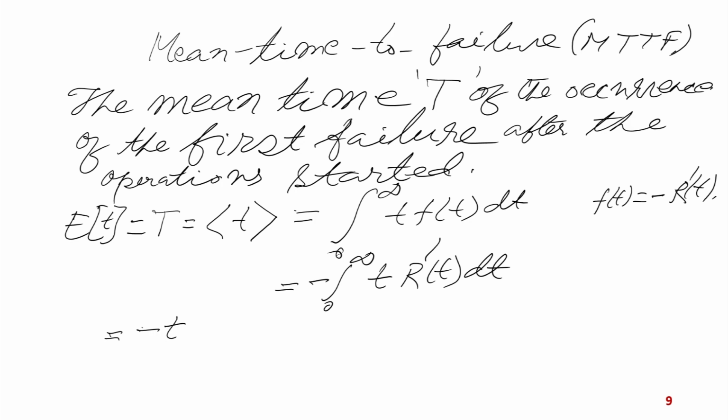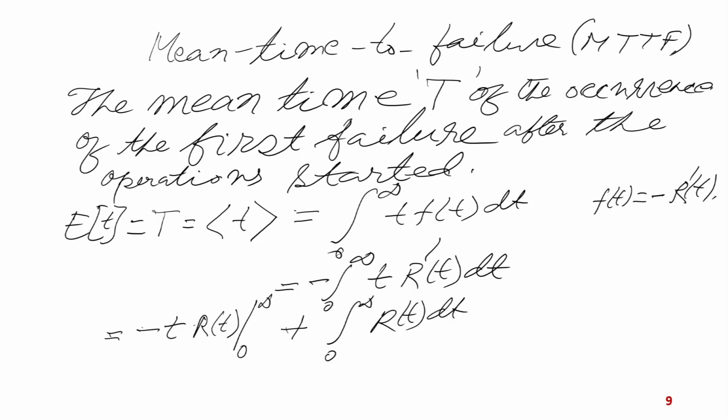Since it is a differentiation, integrating it gives me r t, with the limits from 0 to infinity. Then this minus, with the integration by parts minus, becomes plus, integral 0 to infinity of the derivative of the first function. If you differentiate t, you get 1, and if you integrate, you get r t.